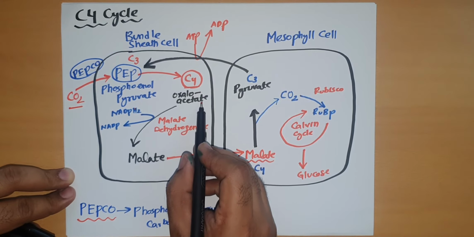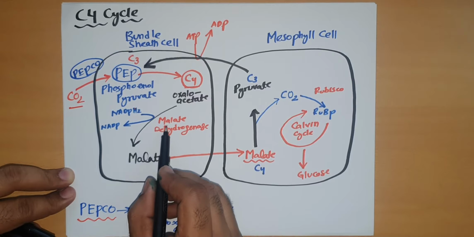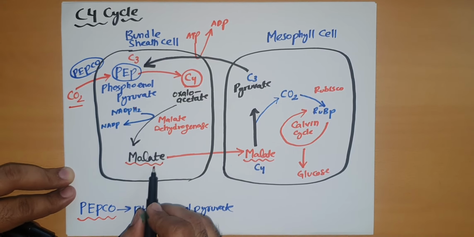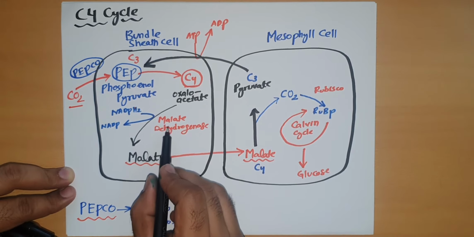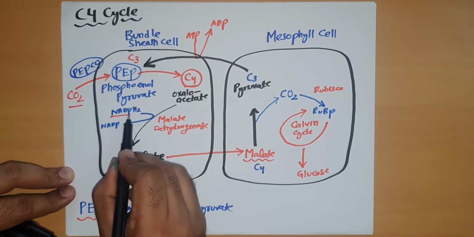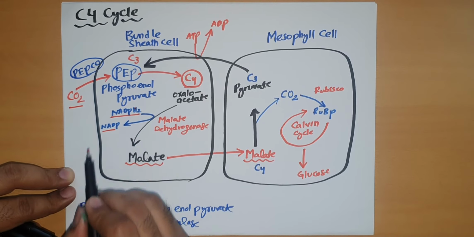Now this oxaloacetate changes into malate, and this reaction happens in the presence of the enzyme called malate dehydrogenase, and during this one NADPH2 molecule changes into NADP.